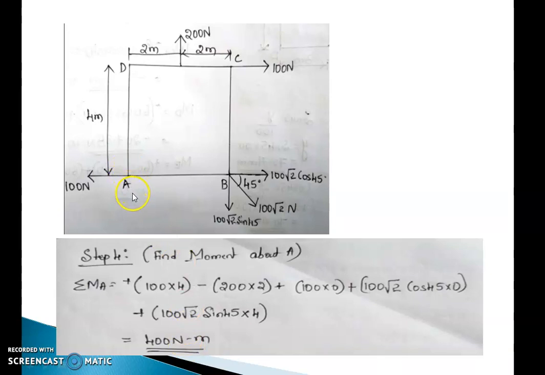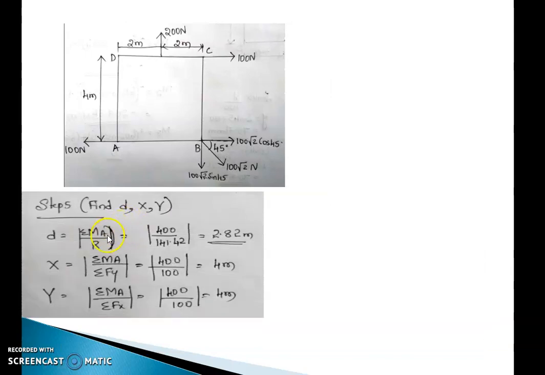Now, after finding the moment about A, the pending part is finding the x-intercept, y-intercept and D. We already have the formula, discussed in Varignon's theorem. The formula for D is the summation of moment about A, or the moment center, divided by R. The summation of moment about A is 400, and R is 141.42, so D works out to be 2.82 meters.